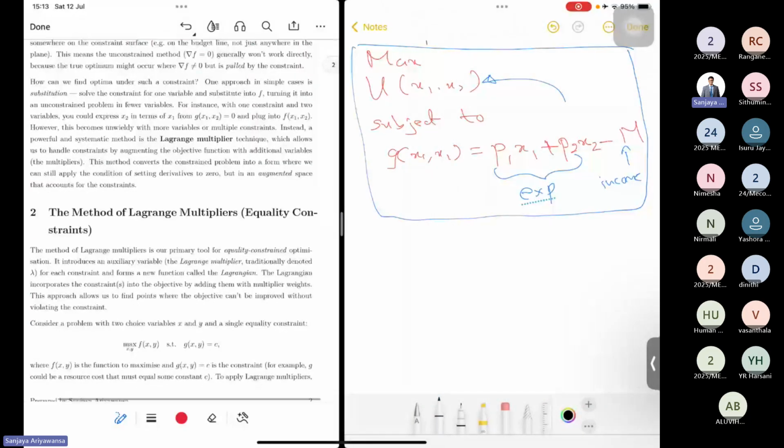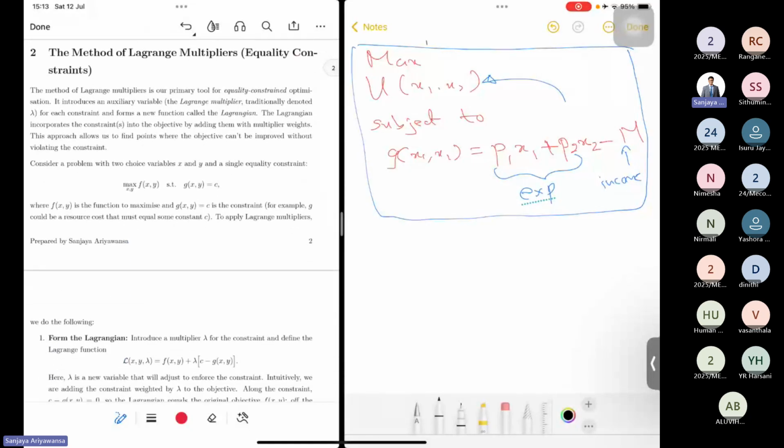The key method that we are going to use to solve a problem like this is called the method of Lagrange multipliers. In the method of Lagrange multipliers, we are specifically looking at equality constraints. Even in this case, our constraint has an equal sign.